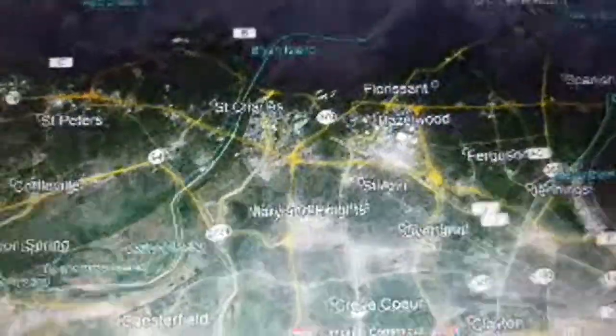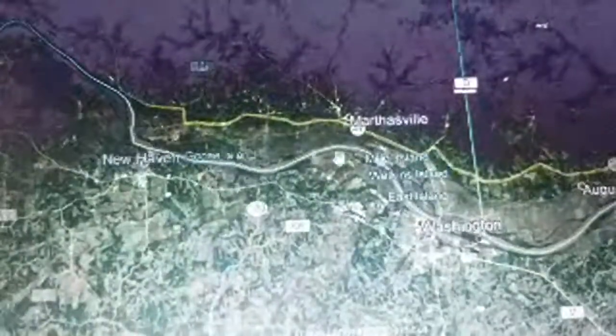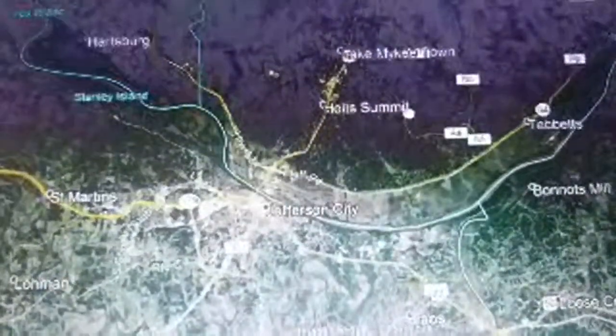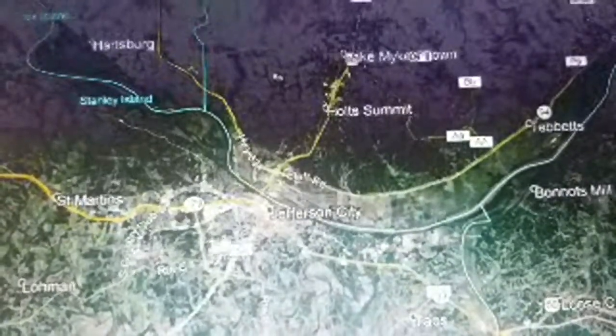remember, the Mississippi River is not the only river in the state of Missouri. But you take the Mississippi River, and then it joins the Missouri River. It joins the Missouri River, and the Missouri River snaking through central Missouri, snaking through the capital of Missouri, Jefferson City.